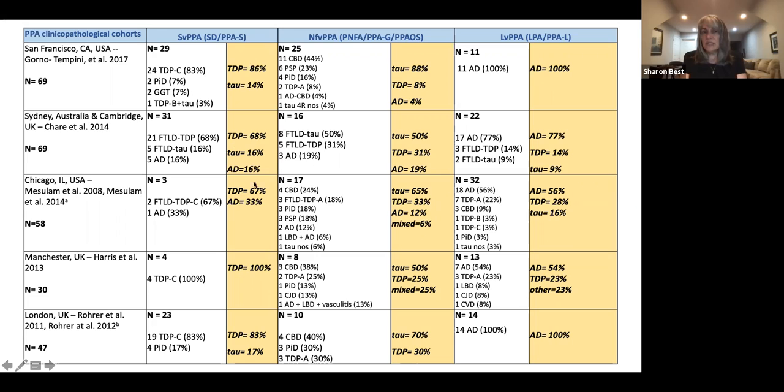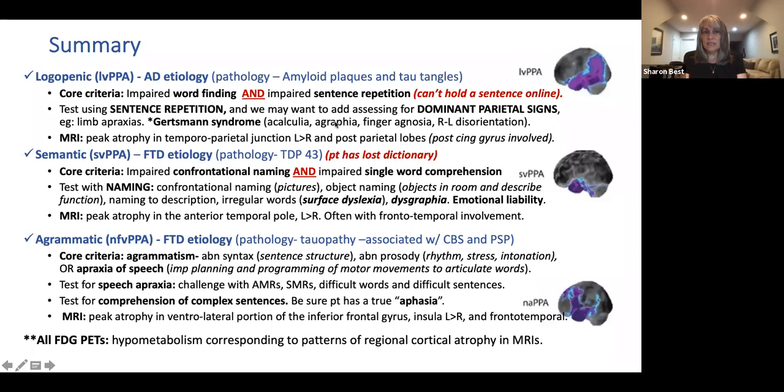Large majority of TDP all the way through. Large majority of different types of tauopathies all the way through. And of course, the large majority being the amyloid plaques and tau tangles all the way through. I just did the more recent studies that were in that supplemental table.